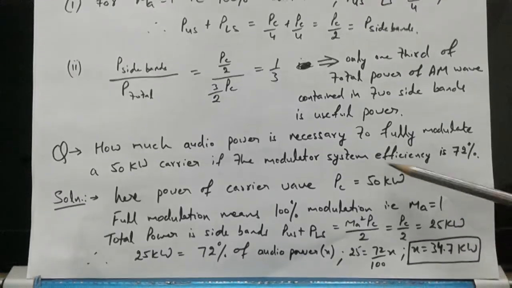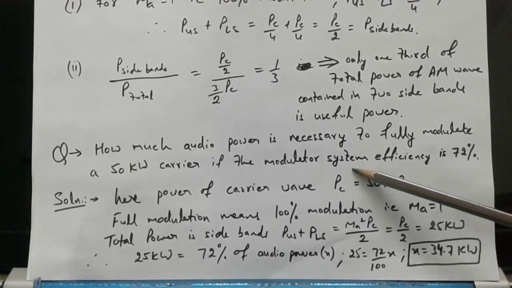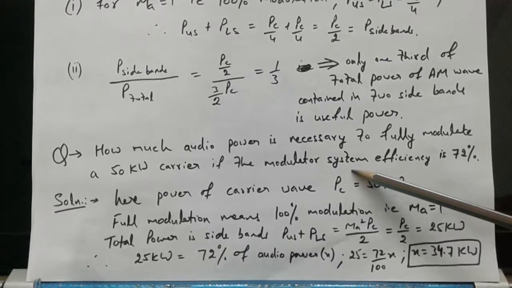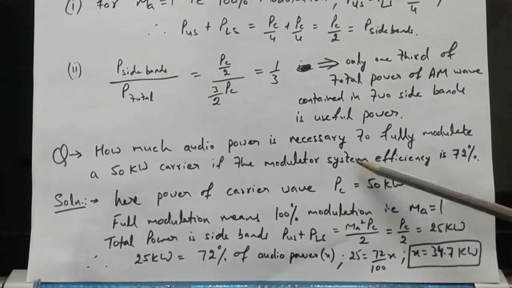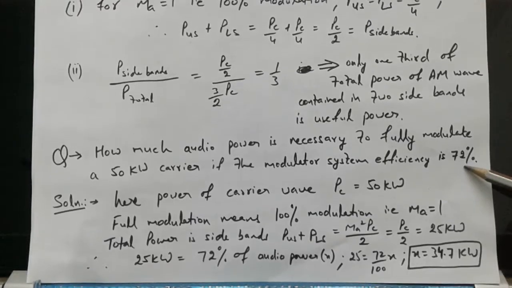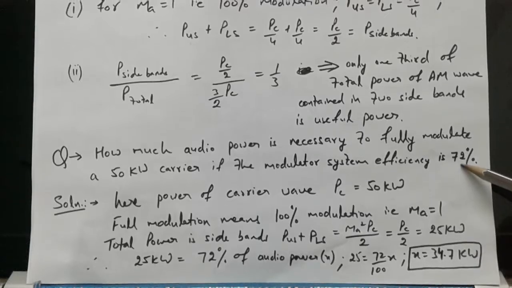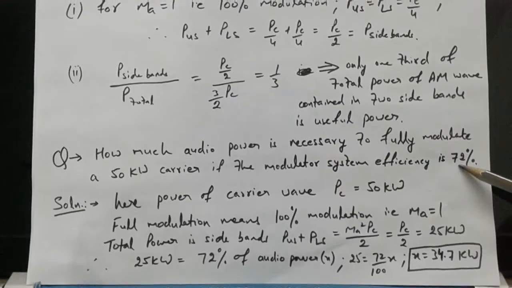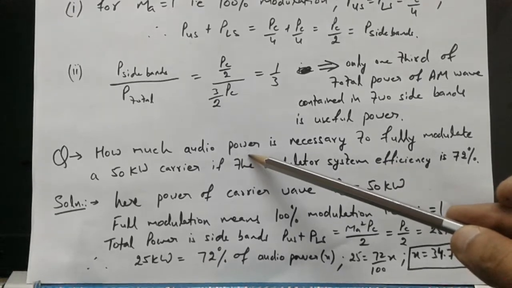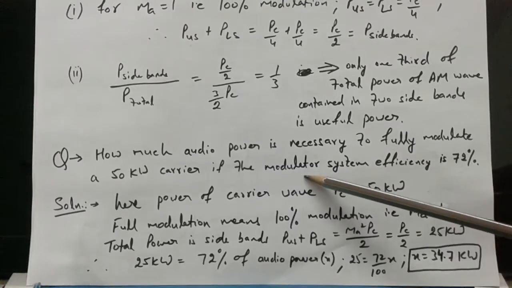Now the efficiency of the circuit which modulates the audio signal with the carrier wave is 72%. It means 72% of the audio power is being utilized by this modulator circuit.